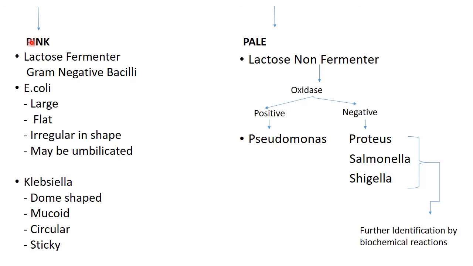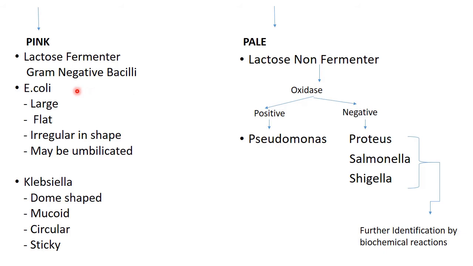Now once we are clear regarding the color of the colony, that is pink or pale, and whether it is lactose fermenter or lactose non-fermenter, we further move towards the identification of the organism based on either appearance or based on other tests. Let us take the lactose fermenter family first.